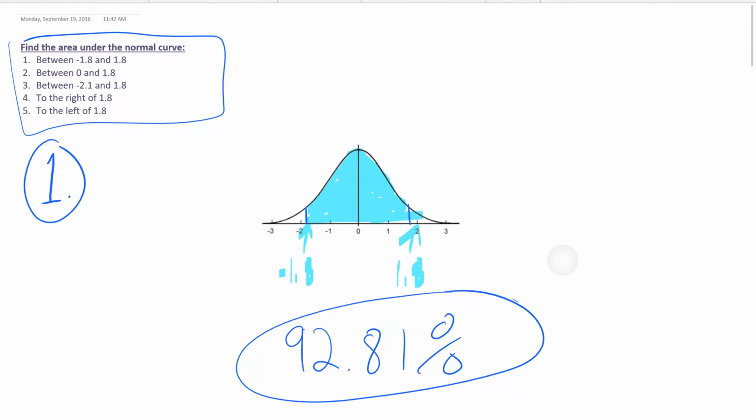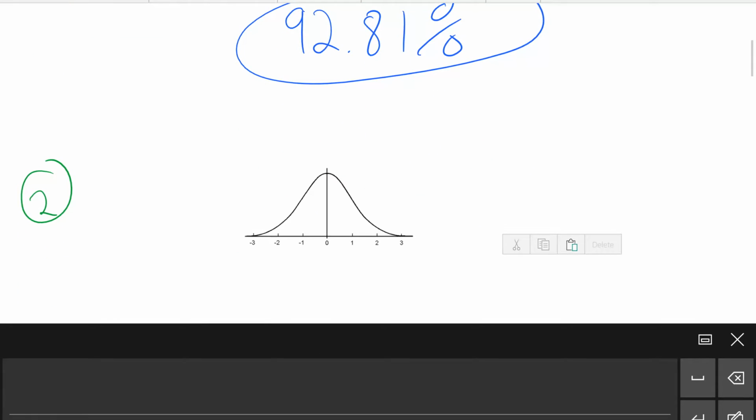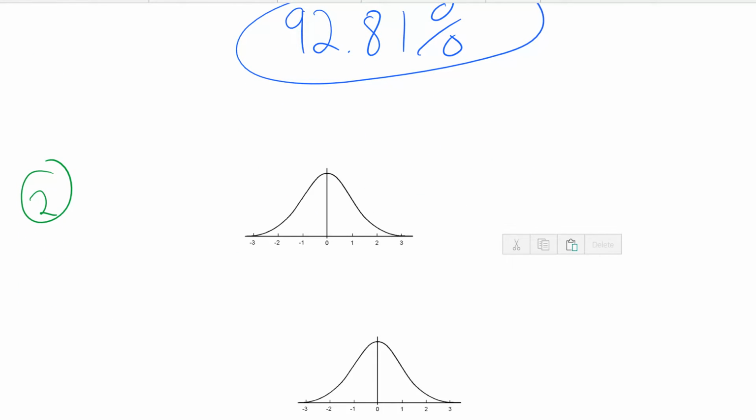For the second one, we're looking for the area between 0 and 1.8. Sketch the area first. This is the area we are looking for. Now, a key fact about the normal curve is that it is symmetric about 0.